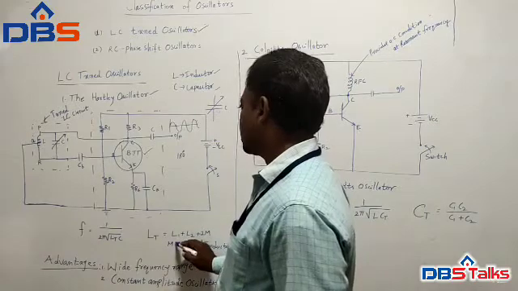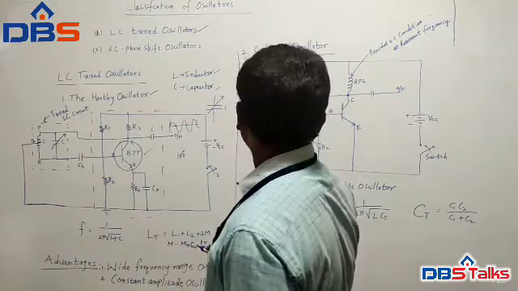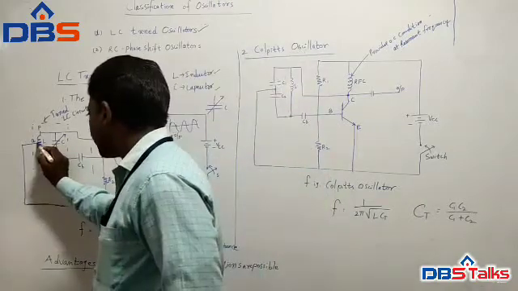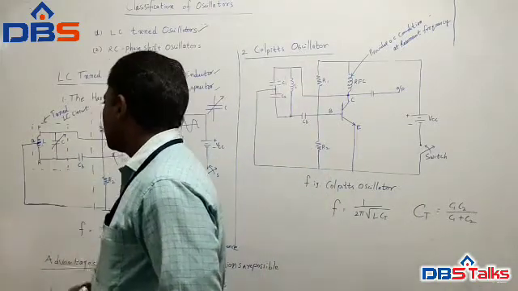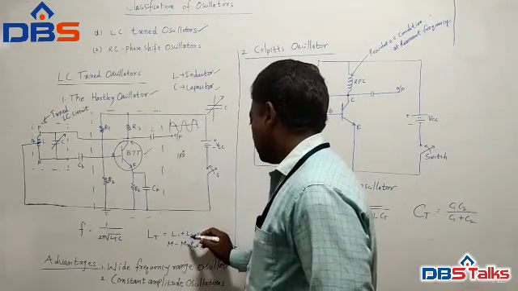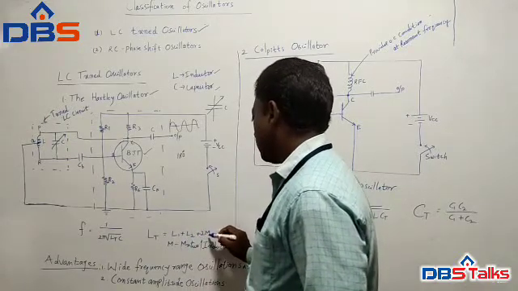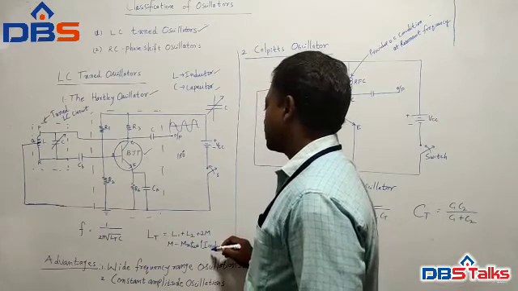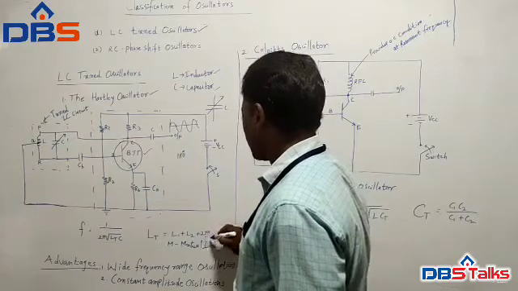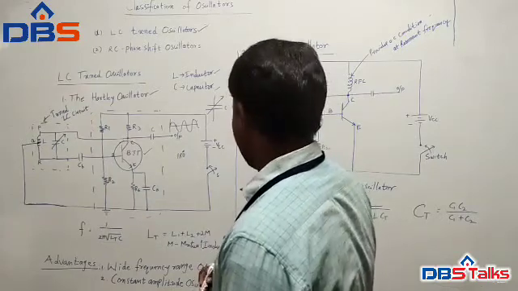The total inductance is L1 plus L2 plus 2M, because we are taking center tapping here. M is the mutual inductance, which you can get from the given values, or otherwise you have to calculate it based on the coupling coefficient.